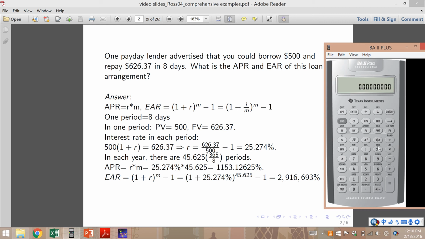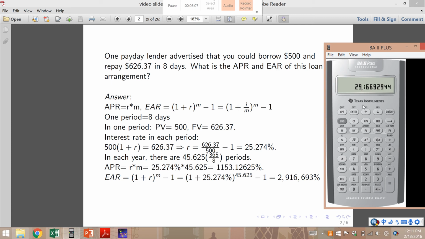So to use the power function, we can use the y to the power of x function. We're gonna first input the y, which is the number within the parentheses. So 1 plus 25.274 percent and equal. Okay, so this is the value within the parentheses, and then y to the power of 45.625 and equal, and then minus 1.